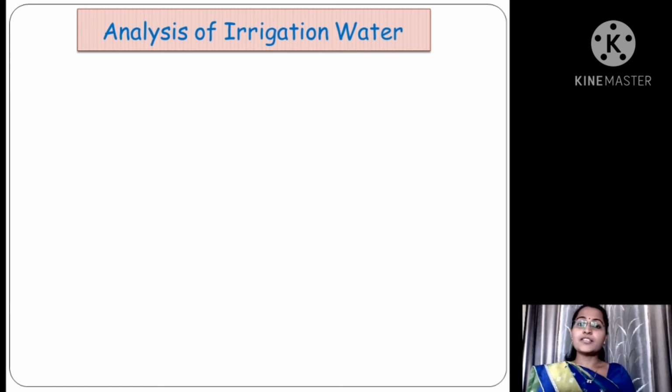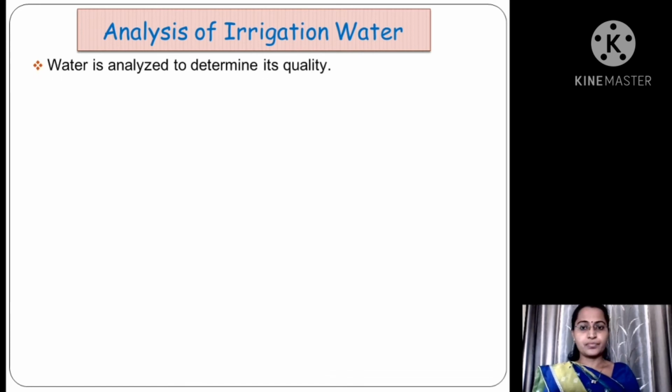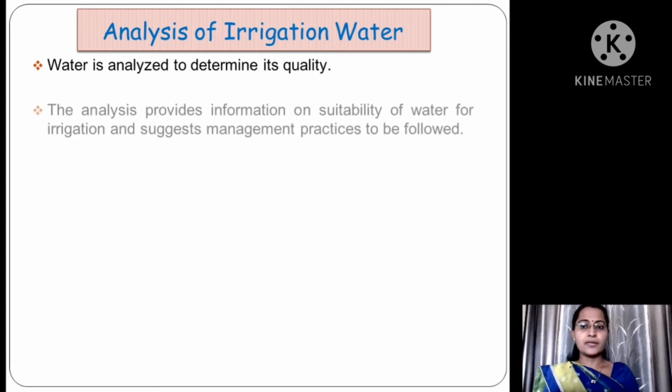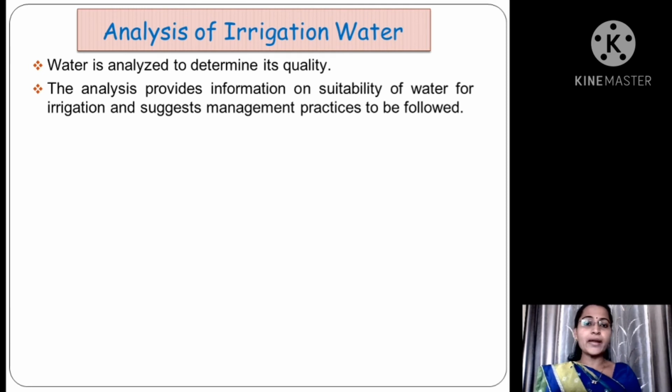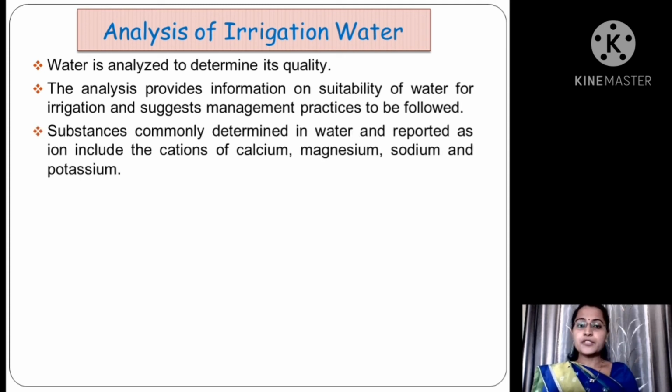Then we see analysis of irrigation water. Water is analyzed to determine its quality. Analysis provides information on suitability of water for irrigation and suggests management practices to be followed. Substances commonly determined in water and reported include the cations of calcium, magnesium, sodium and potassium.